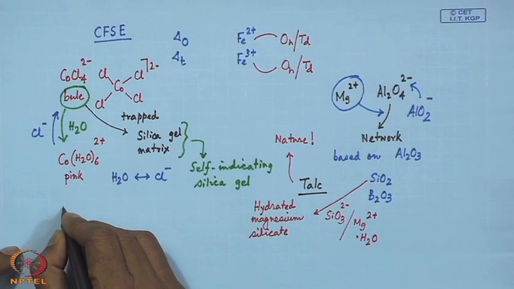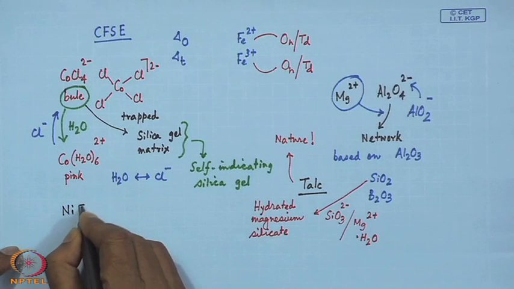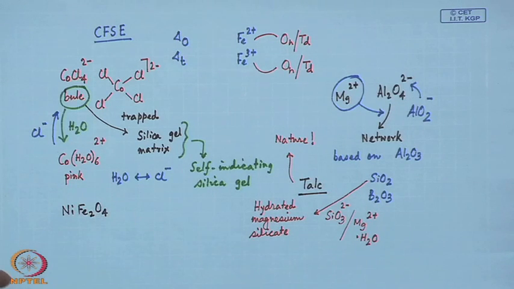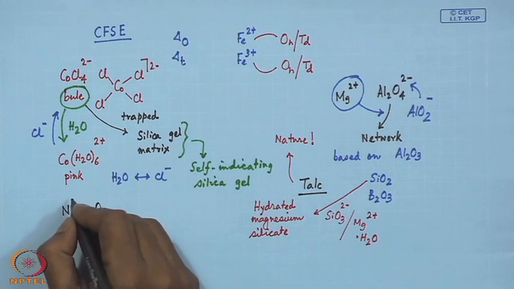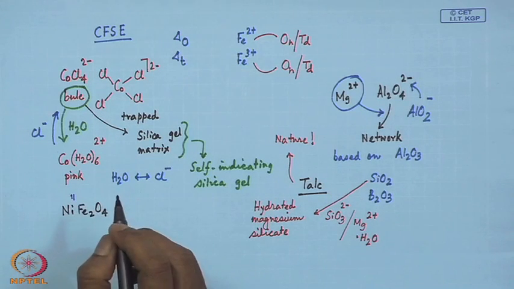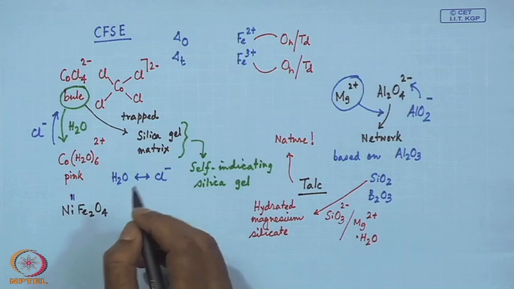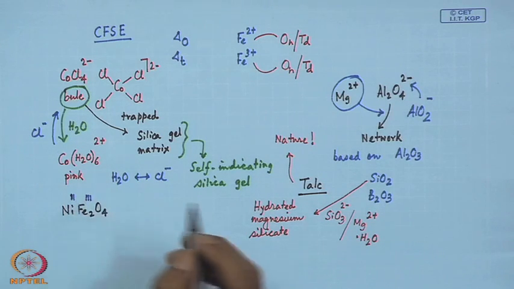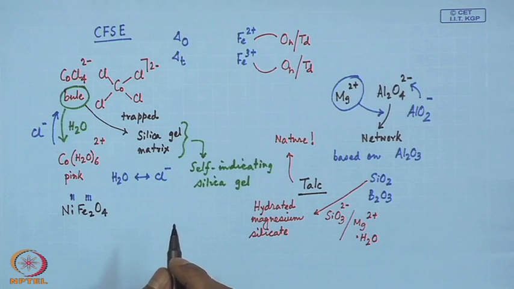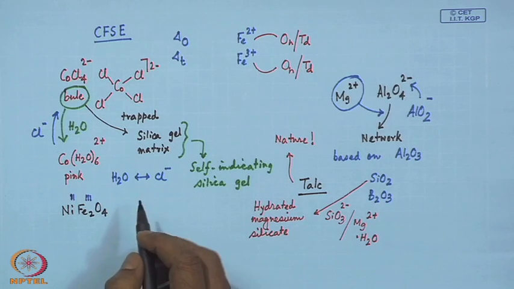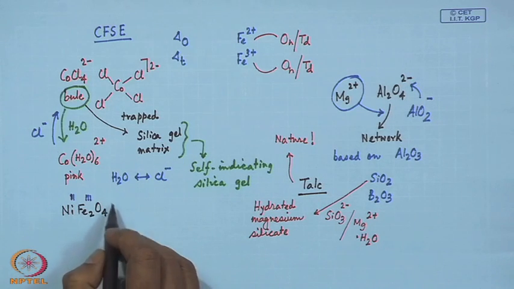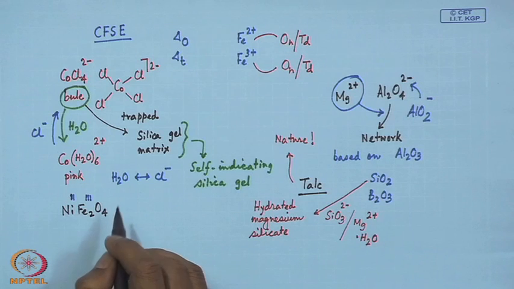NiFe2O4, clearly due to the preference or availability of the metal in the typical oxidation states, we know nickel can only be present in the bivalent state and iron in the trivalent state. So, this particular arrangement we can have, and it can stabilize this particular formula.